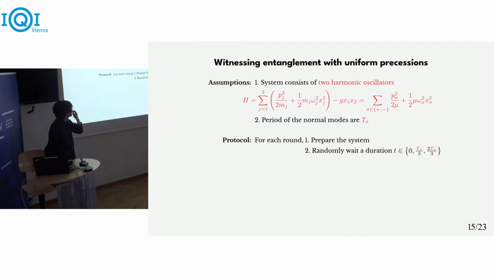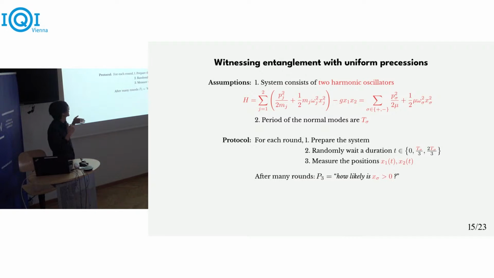We randomly wait a duration. I'll just stick to the simple case, except now we wait 0, 1/3 of the normal mode period, or 2/3 of the normal mode period. I measure x1 and x2, because x1 and x2 are usually what you actually have physically. And at the end of the day, after many rounds, you calculate the score, which is how likely is the normal mode positive.